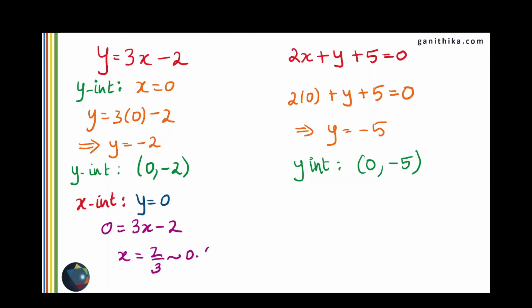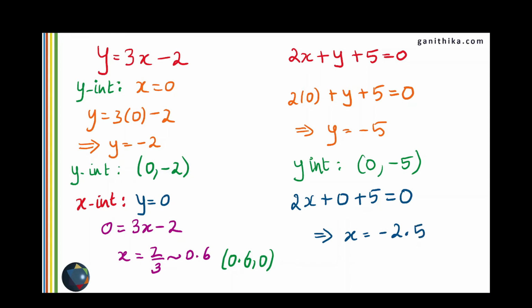Now to find the x-intercept, substituting y equal to 0 and solving for x, in the first equation you will get x is equal to 2 over 3, which can be approximated to 0.6. So (0.6, 0) is the coordinate for the x-intercept, which means you will be marking 0.6 on the x-axis. For the second equation, 2x plus y plus 5, substituting y as 0, you get x is equal to -2.5.